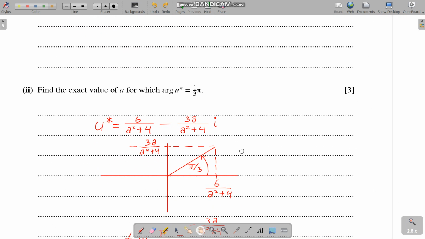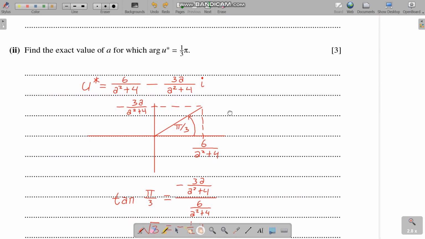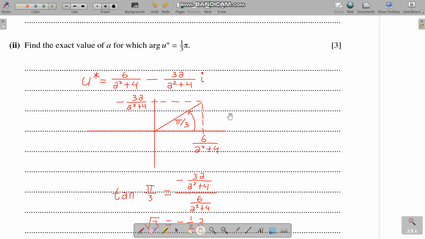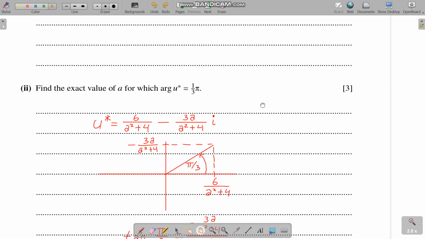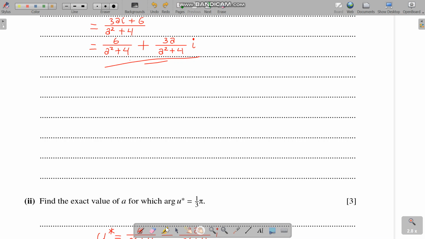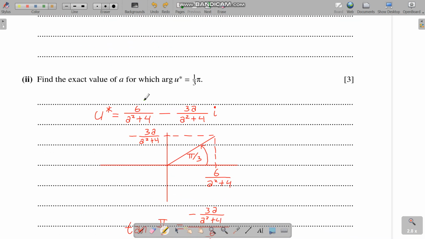Exact value for which the argument is 1/3 pi. So u star is the conjugate of u. If this is u, the u star is almost exactly like this, but instead of plus we use minus. So this is the u star, or the complex conjugate of u.